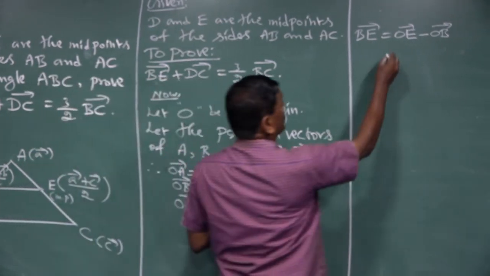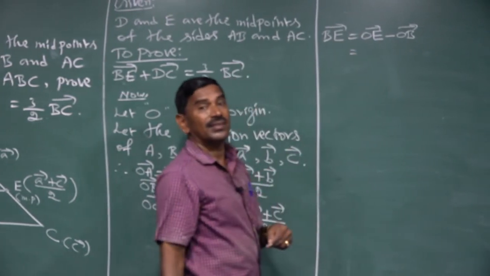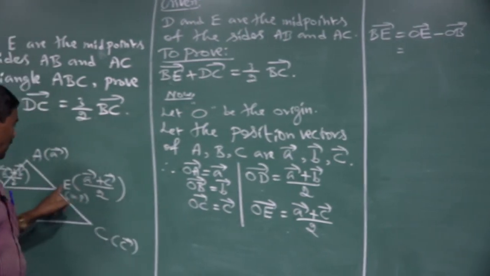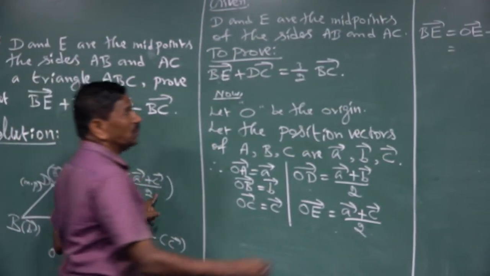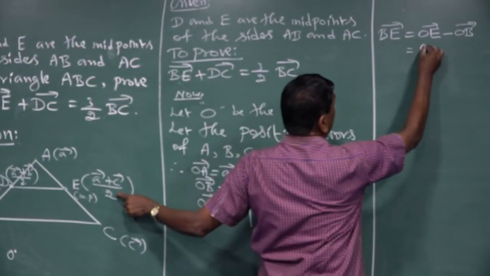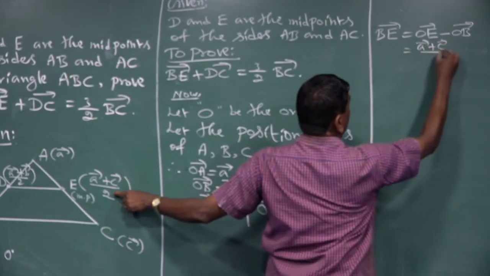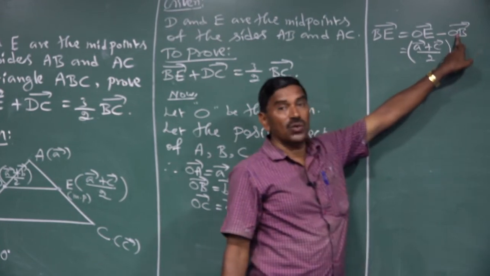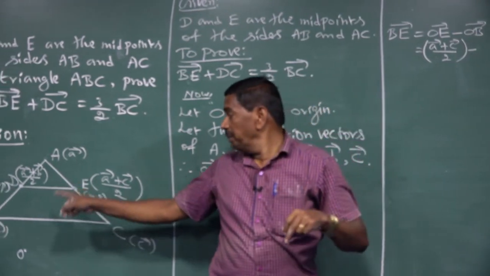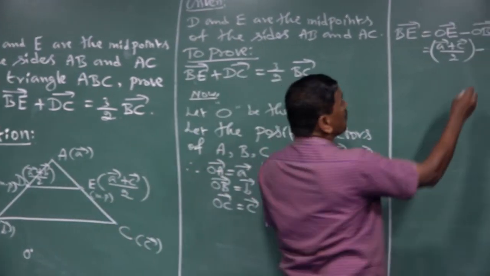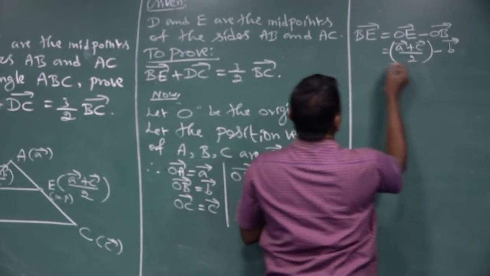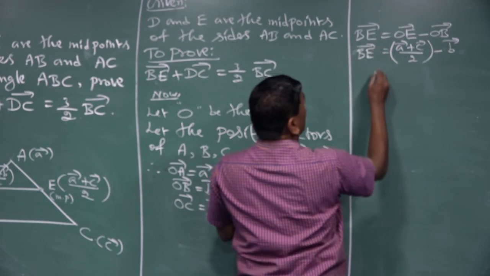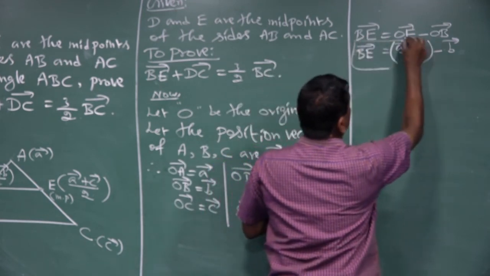OE vector is equal to (A vector plus C vector) by 2, minus OB vector, which is B vector. So the left-hand side is BE vector. Okay, box it. This is the first equation.